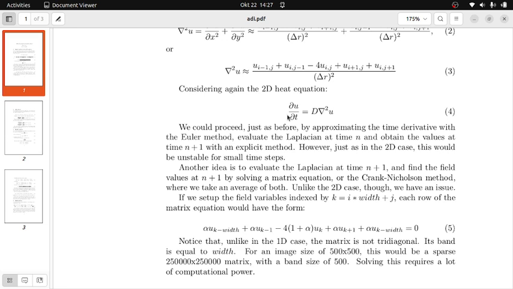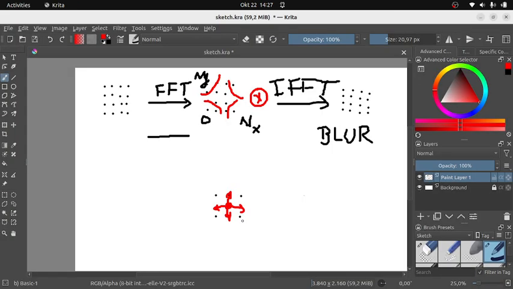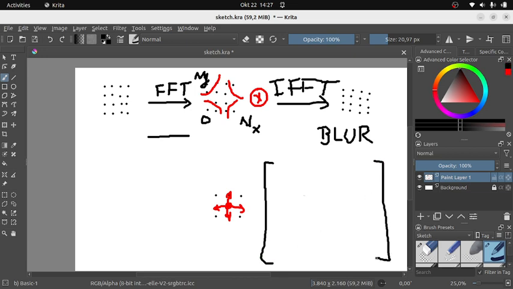But now another issue arises. Remember that for the implicit method in the 1D case, when we wrote the matrix equation, this matrix equation was tridiagonal. It was something like this, which is what we wrote in the previous videos.